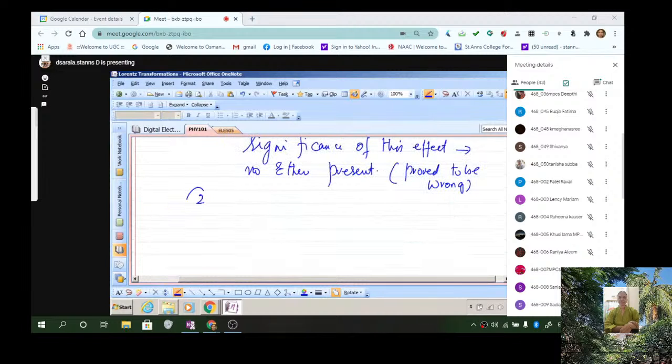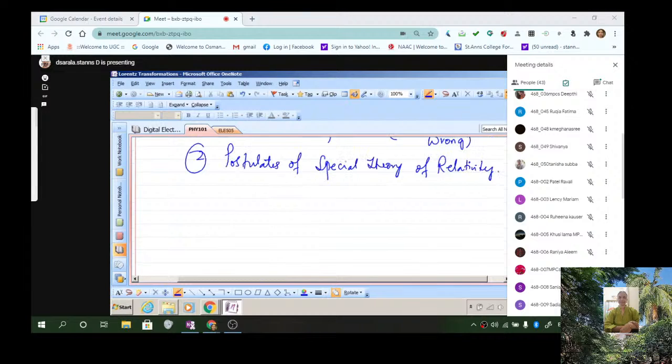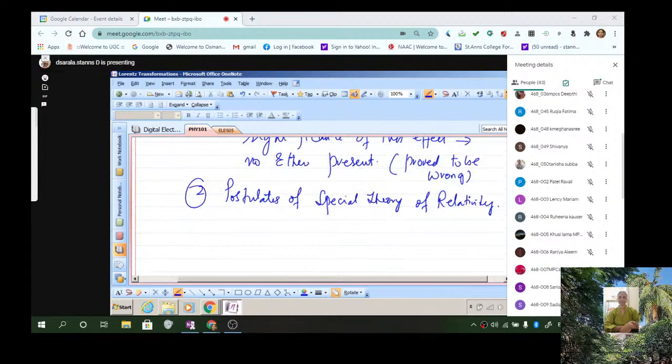We discussed the postulates of special theory of relativity. We discussed the principle of relativity and principle of constancy of speed of light, which are nothing but the postulates of special theory of relativity.